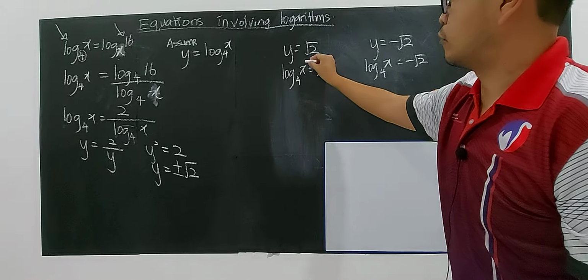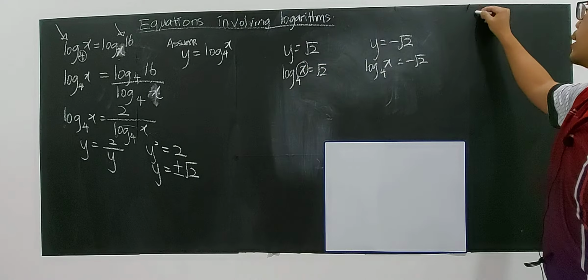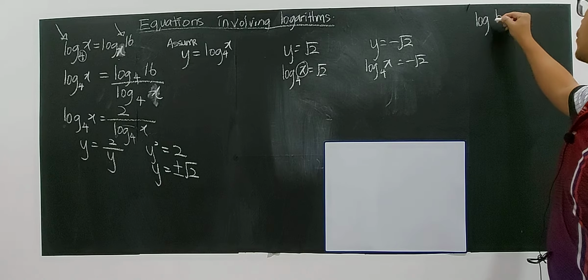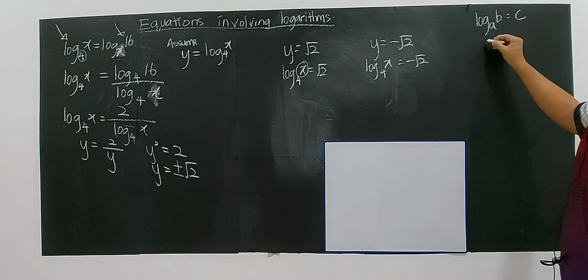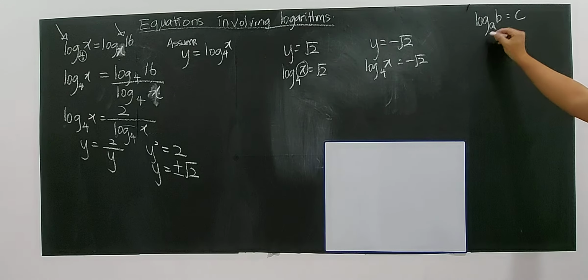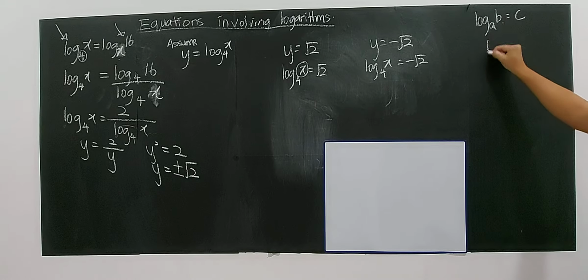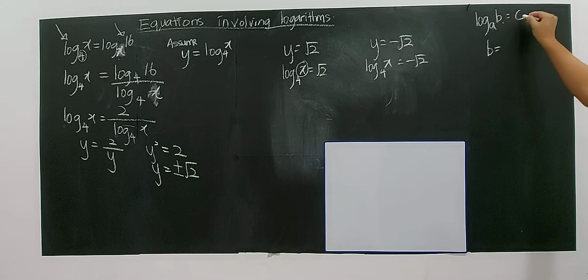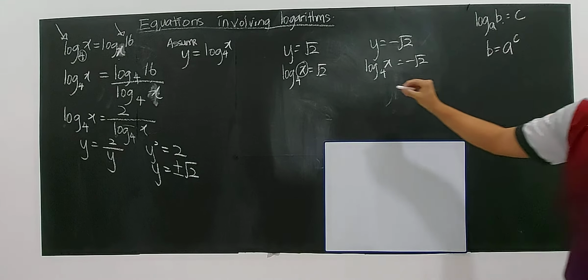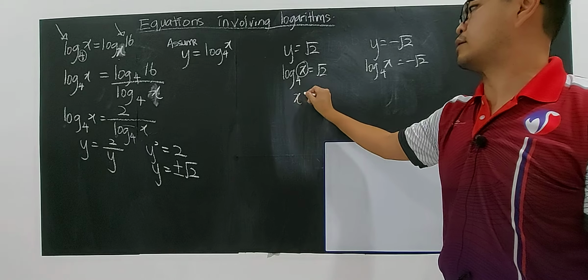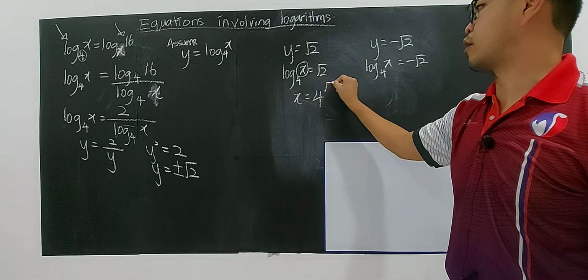Now you want to find the value of x, so you have to apply this: log b base a equals to c. You can convert it to index form. The index form will be b equals to a to the power of c. Same thing also, x equals to 4 to the power of square root of 2.